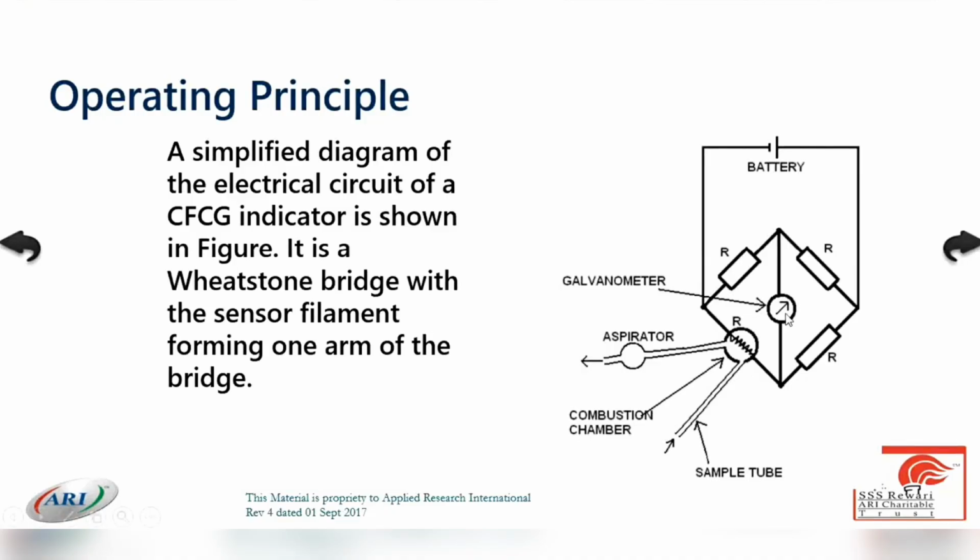The amount of current that will flow corresponds to the resistance, and that increase in the resistance corresponds to the hydrocarbon percentage in that gas sample. This meter, the galvanometer, will measure the percentage of hydrocarbon present in the gas sample which has been introduced, in LEL. So far so good.